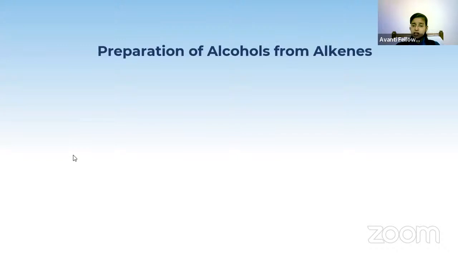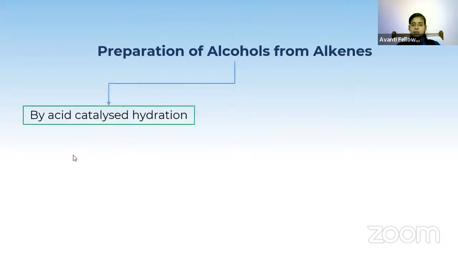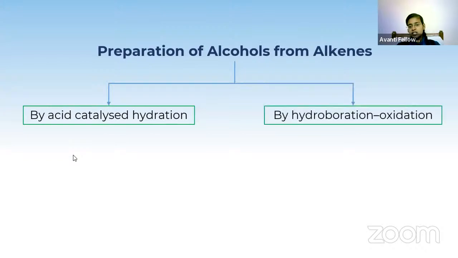From the alkene compound itself, we can prepare the alcohol using two methods. One is acid catalyzed hydration and the other one is hydroboration oxidation. So there are three main compounds from which the alcohols can be prepared.